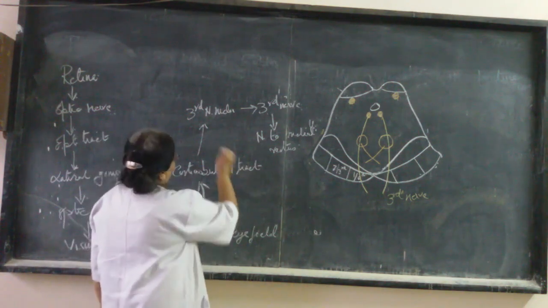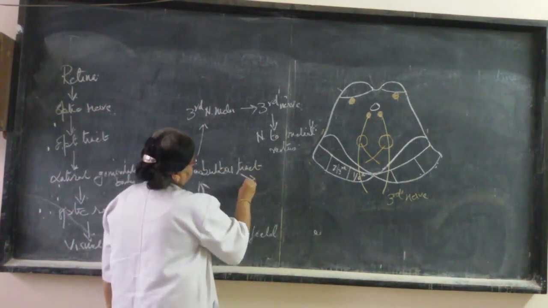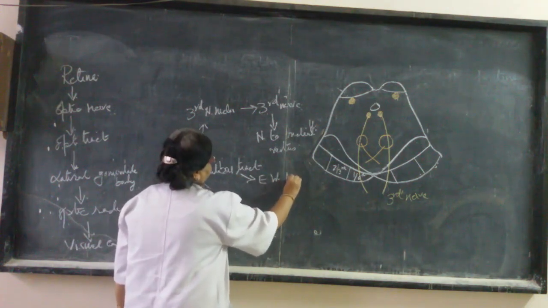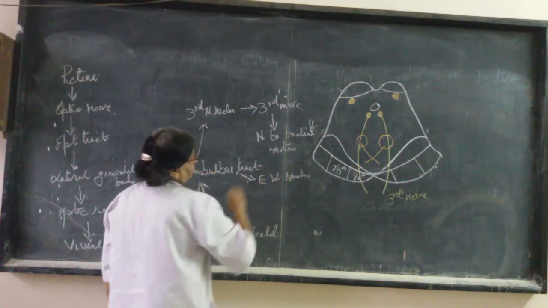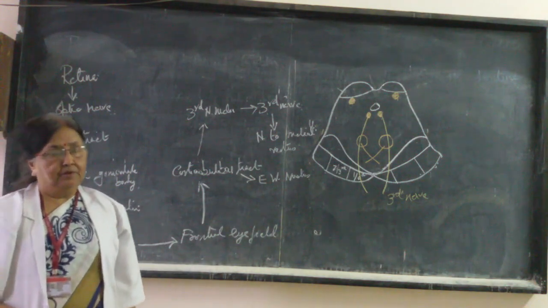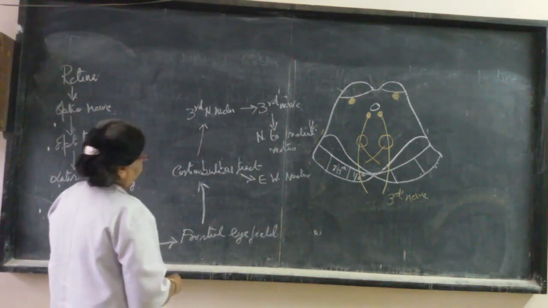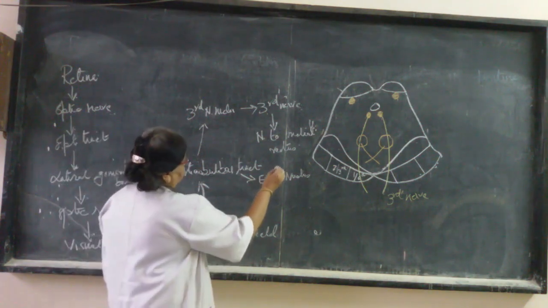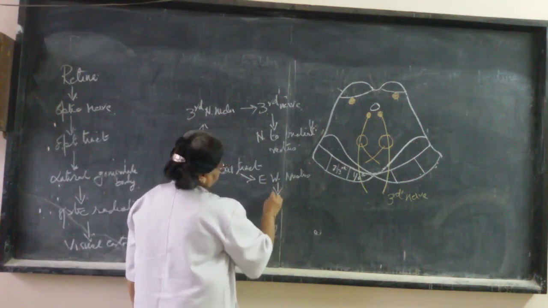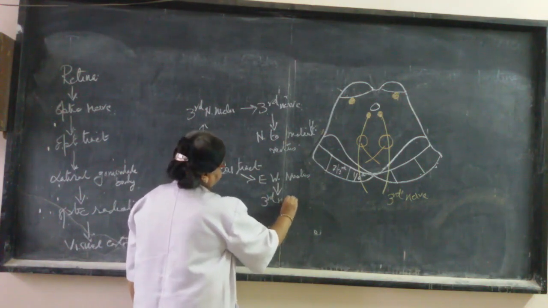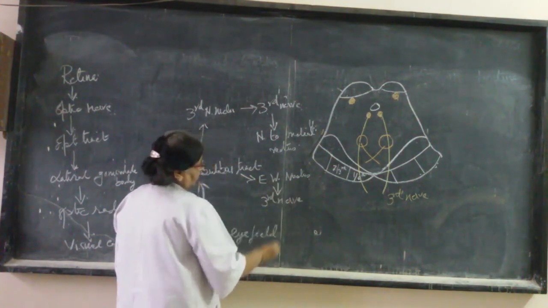The Edinger-Westphal nucleus is one of the components of the third nerve nucleus. Fibers of the Edinger-Westphal nucleus emerge as the third nerve.